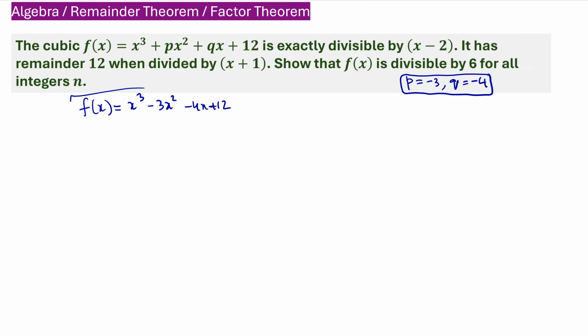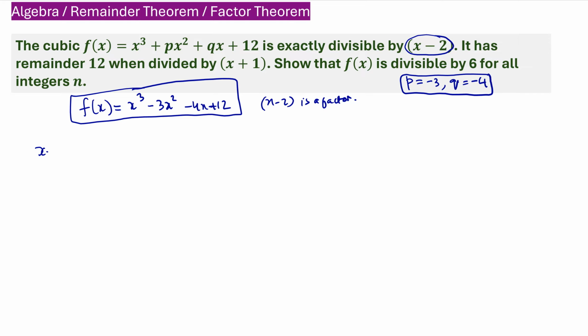So that's f(x) now. We are given that it is exactly divisible by x minus 2, hence x minus 2 is a factor. So if we divide by x minus 2, then we should be able to find the other factors, and then we can check if it is divisible by 6. So I need to divide it by that.